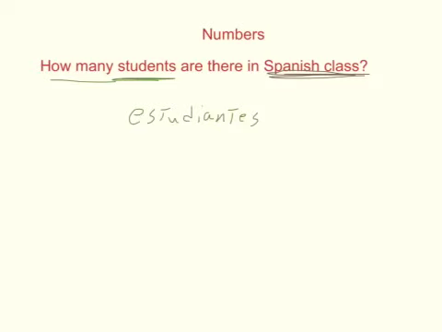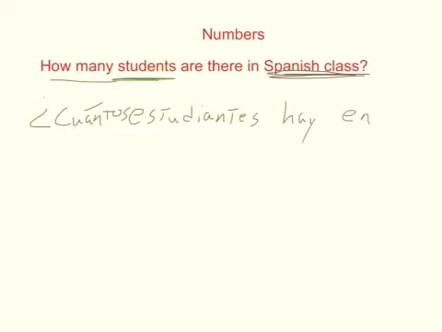I think I already mentioned this before, but it doesn't matter if you have 30 girl students, if you have one boy student, it is referred to as a masculine noun. So we're going to say cuántos. Make sure you get your accent. Cuántos estudiantes hay?